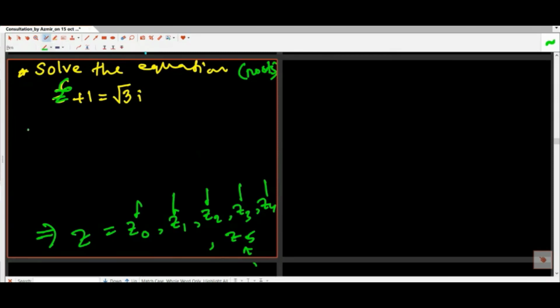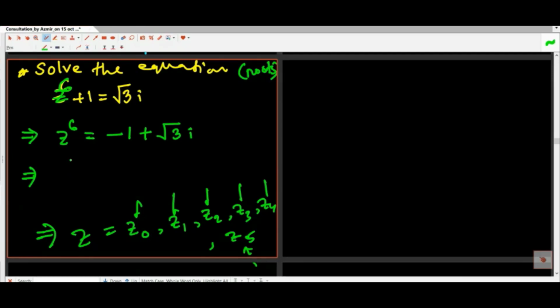First of all, what you have to do, you have to set this number on the right side. It will be -1 plus root over 3i. Now you can see that we have z power 6 equals -1 plus root over 3i.